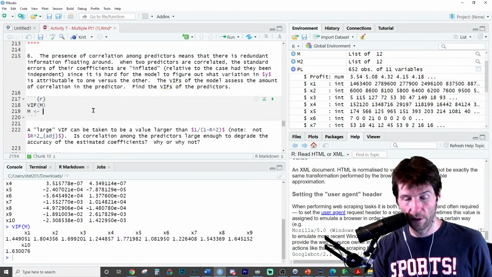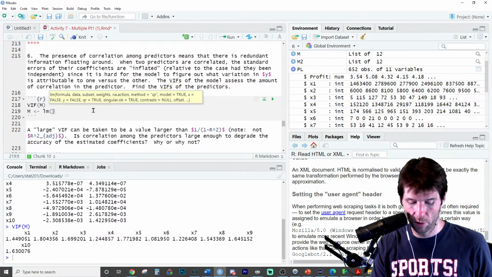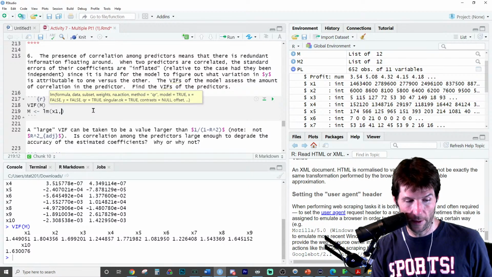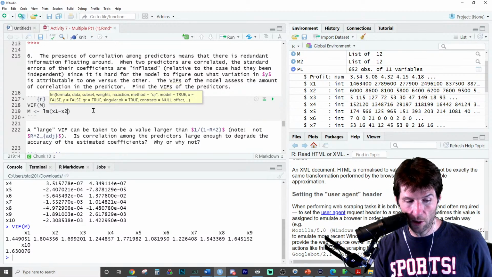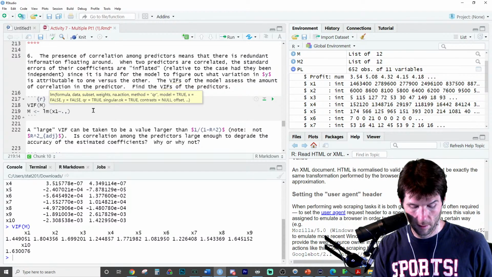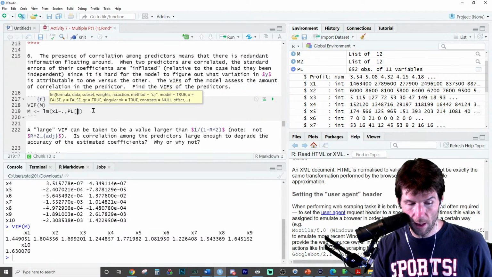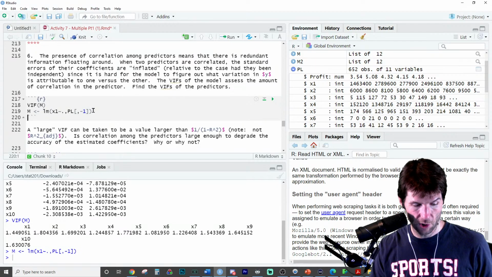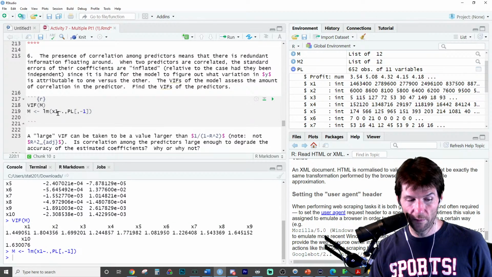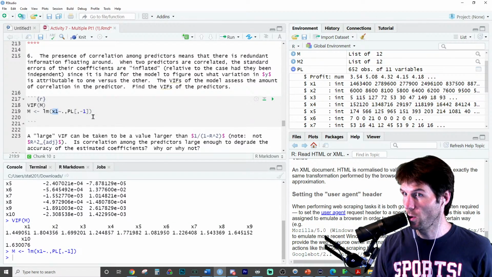To calculate variance inflation, which takes more time than we want to do usually, you'd have to do the following. You'd have to make a model right here. You'd make a model with one of your x's being the y variable.